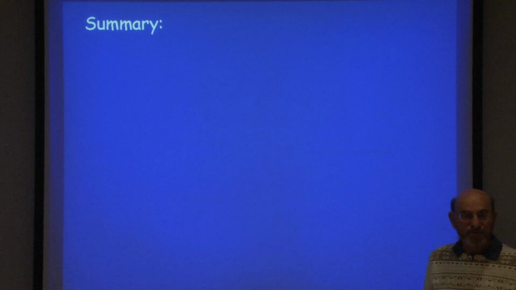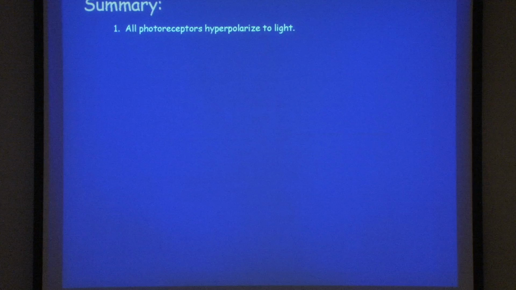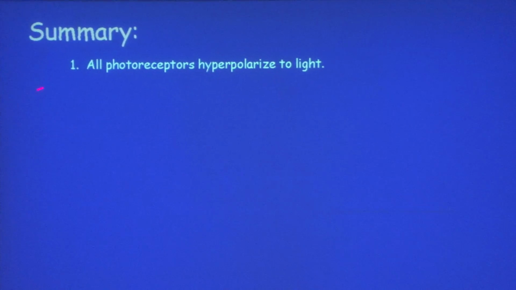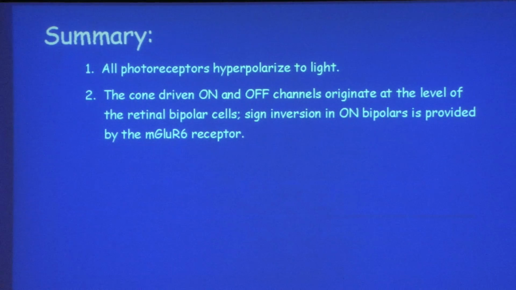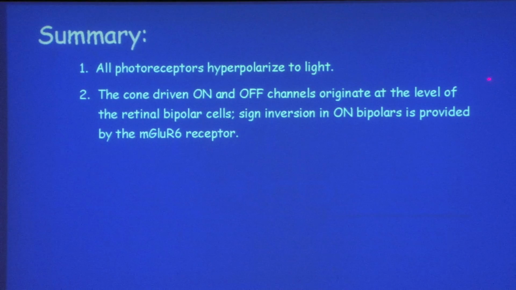Okay, so on the basis of this then, we are ready to summarize why we have this remarkable duality in the retina originating in the on and off channels, whose circuitry by now, I presume, you understand pretty well. Okay, so just to reiterate for the umpteenth time, which is easy to remember by now, all photoreceptors hyperpolarize to light. Secondly, the cone-driven on and off channels originate at the level of the retinal bipolar cells.